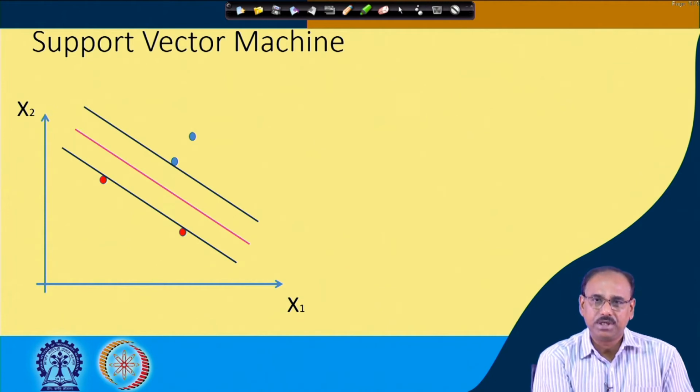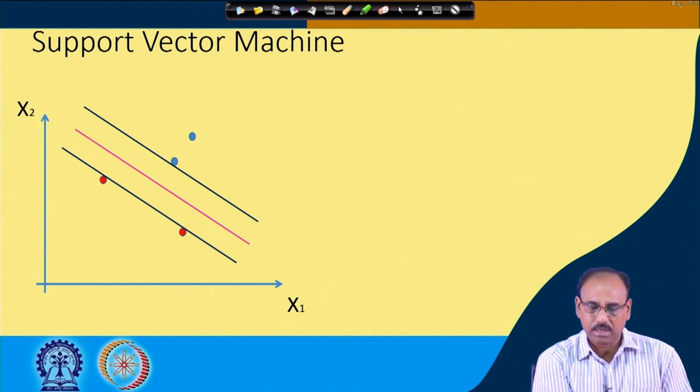The support vector machine tries to get a separating plane which maximizes the margin. For such a separating plane, the separating plane should be at a maximal distance from the vectors belonging to both the classes.